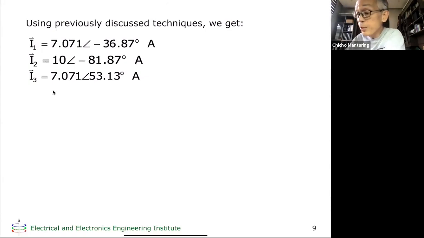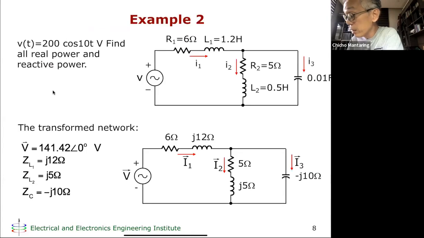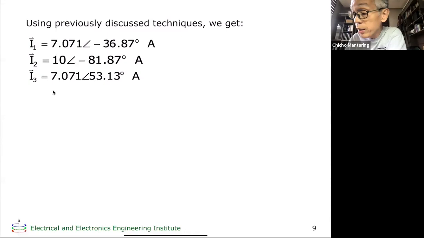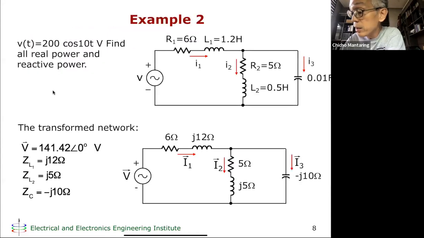Okay, what does this mean? This means that 7.071 is the RMS value of I1. 10 is the RMS value of I2. 7.071 is the RMS value of I3. We can get the power delivered to R1. This is R1.